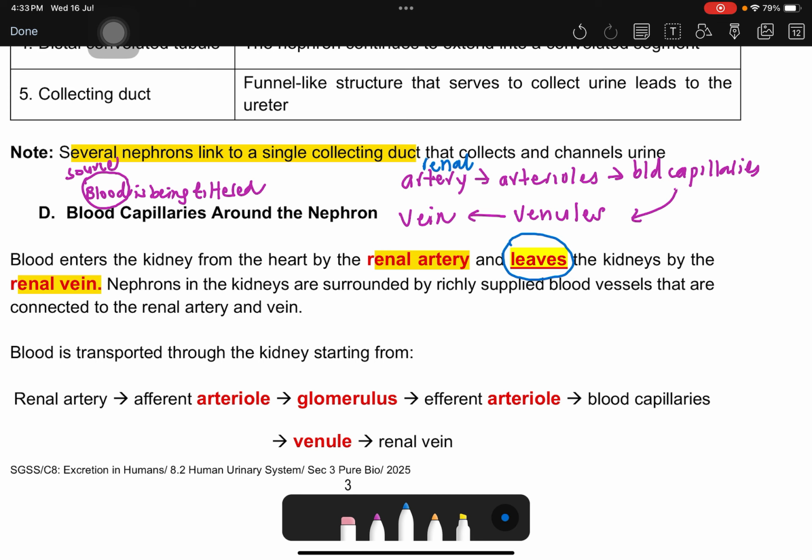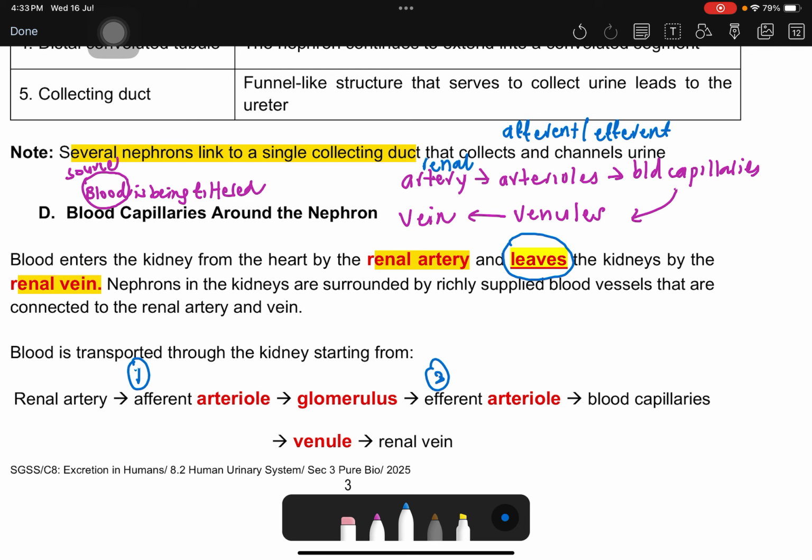As you can see, there are two kinds of arterioles that can be found in the nephron, the afferent and efferent. You may wonder why there are two. Later on when we talk about filtration and reabsorption, you'll appreciate why there are two different arterioles flanking this knot of blood capillaries.